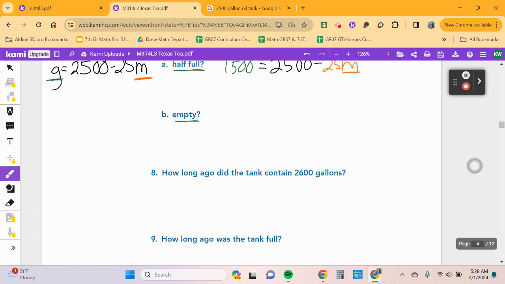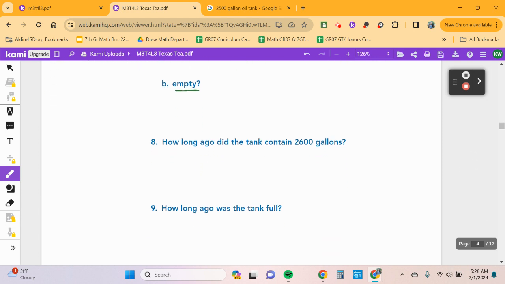And then I also want you to solve 8 and 9 as well. So how long ago did the tank contain 2,600 gallons? Oh wait, I don't want to use orange. I want to use green because that represents the amount of gallons in the tank. And then how long ago was the tank full? Remember, at full capacity, that was 3,000 gallons. It gave us that information.